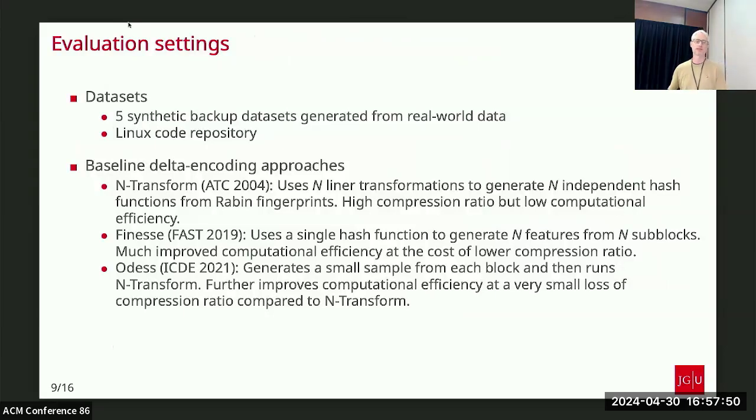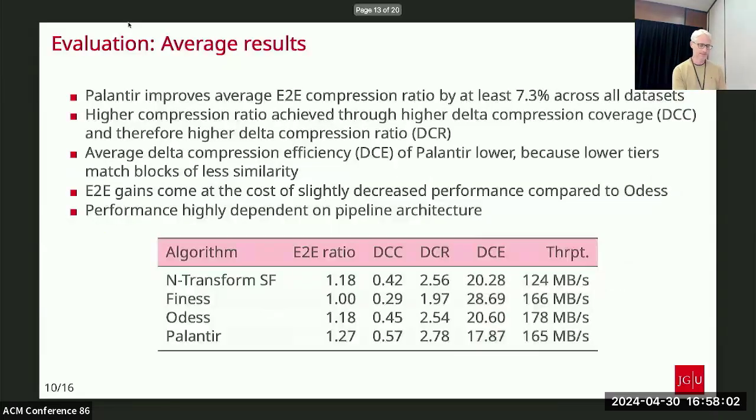So we built 5 synthetic data sets, which have been based on real backup data. We have used a Linux code repository, and we have compared with this N-Transform algorithm, with Finesse and with ODES. So is it helping? The most important thing is the end-to-end compression ratio, which we achieve.